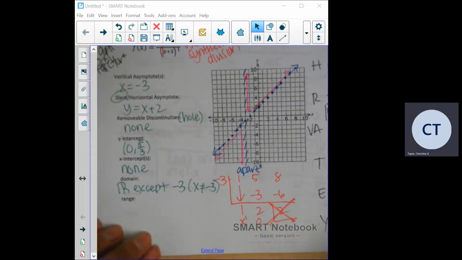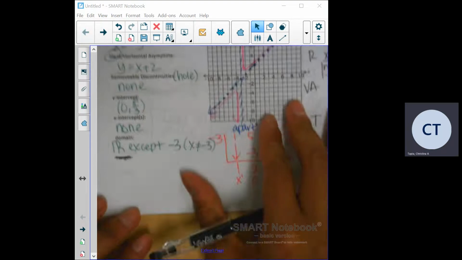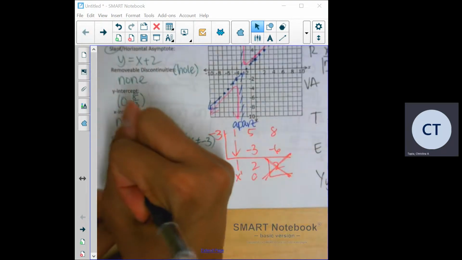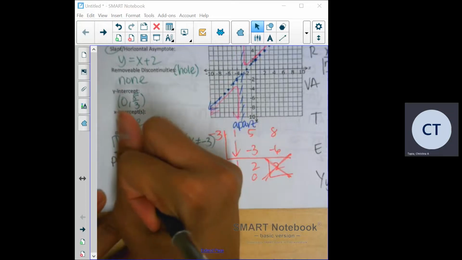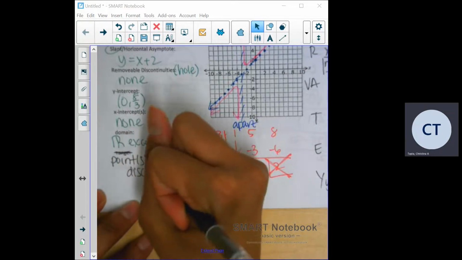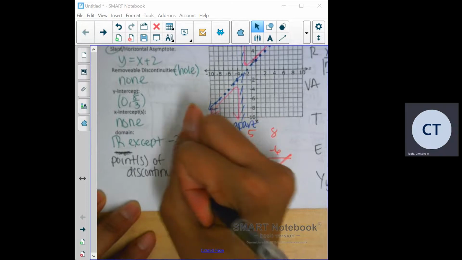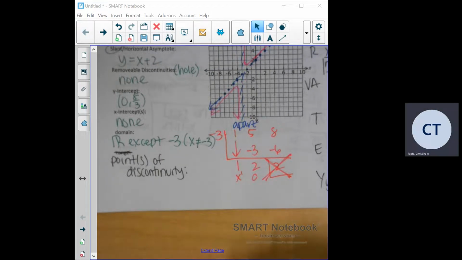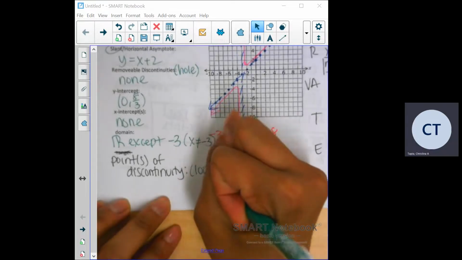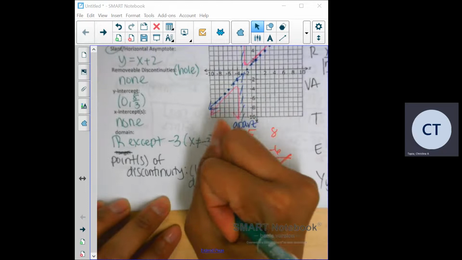For the range, I'm not going to talk about the range. Instead, because I know what I put on your homework, I want to talk about the points of discontinuity. I sure hope I spelled that right. When you're finding a point of discontinuity, I want you to look at your denominator.